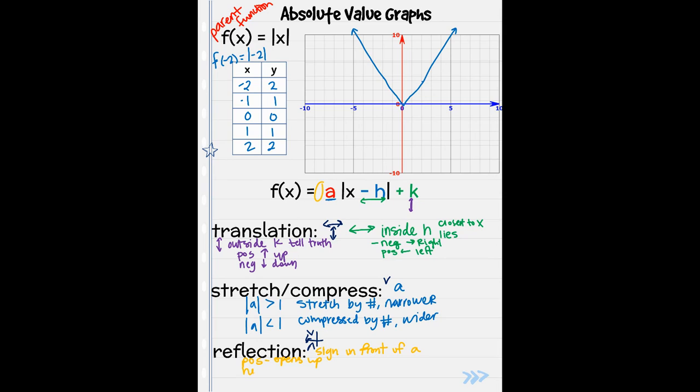And if it's a negative number, it opens down, which means that it is reflective, because opening up with the positive is our parent function. All right, check back for the examples on your notes.